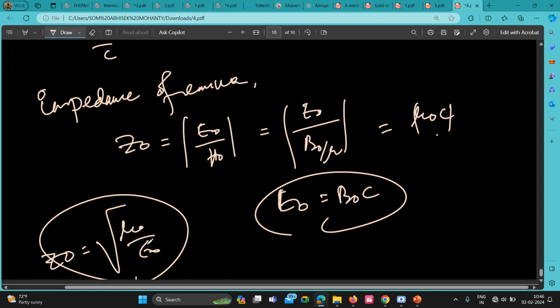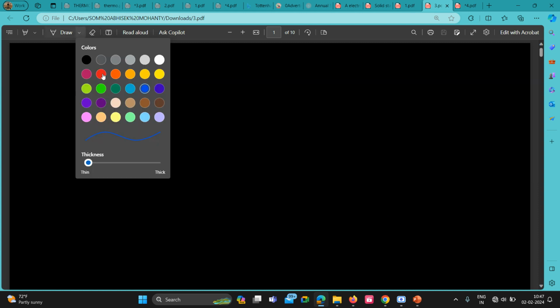Now refractive index. This is the formula. Refractive index n is equal to root of mu r epsilon r.